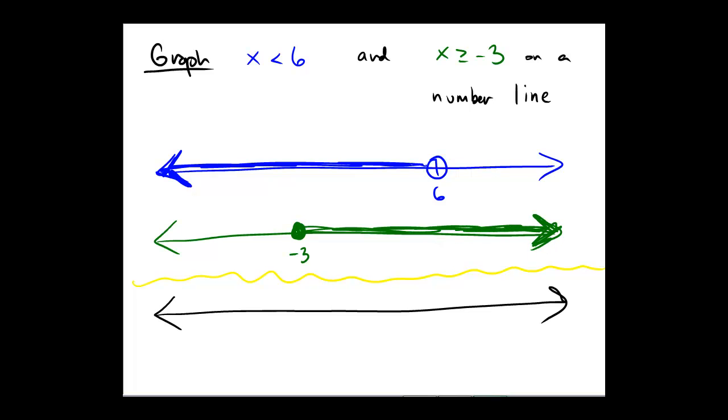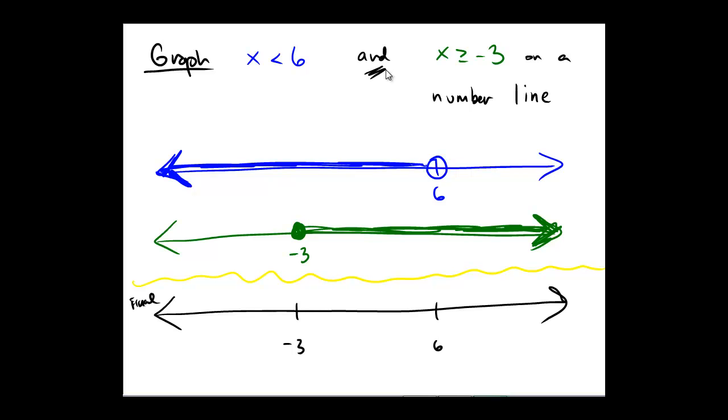When we come down to making the final graph, again the final solution is only this one at the bottom. It's going to go from negative 3 to 6. This time, since it's an and connector, we need the part that is shaded in both. So we don't include left of negative 3, because that's not shaded in the bottom graph. We don't include to the right of 6, because that's not included in the top graph, the blue graph.